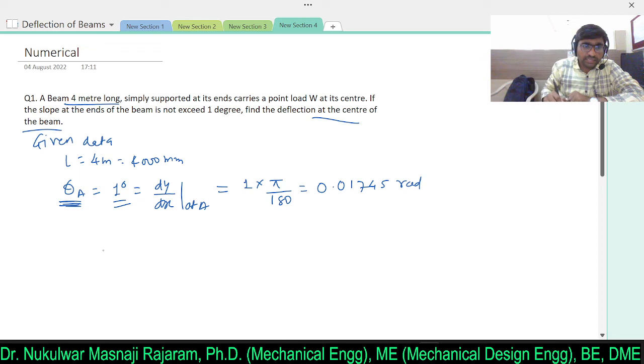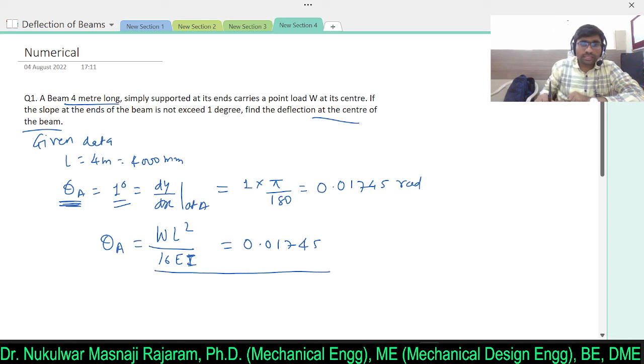Deflection of the beam at A is given, so I will use the deflection at A. The equation is WL square divided by 16 EI, and the value is 0.01745. Clear? Now you may ask me, sir, W is not given, L is given, but E and I are not given. Don't worry, we don't require those values.